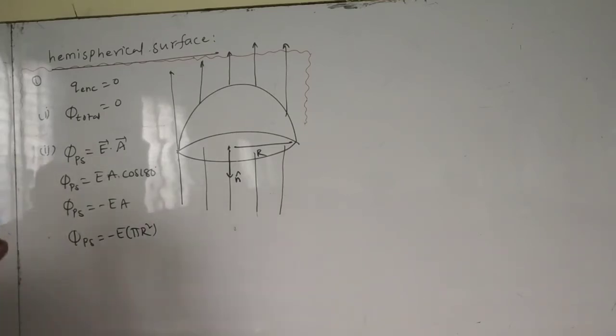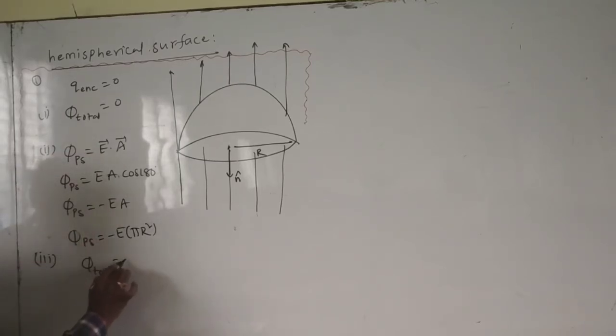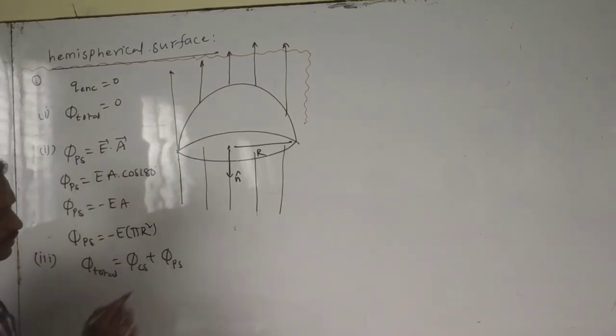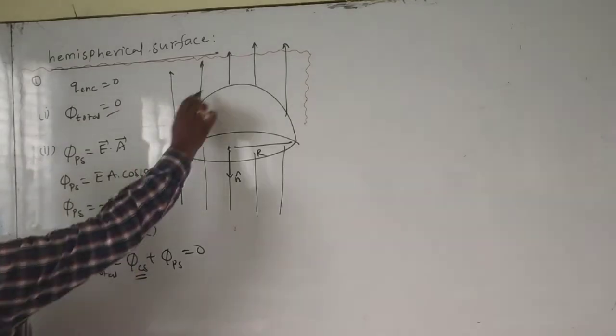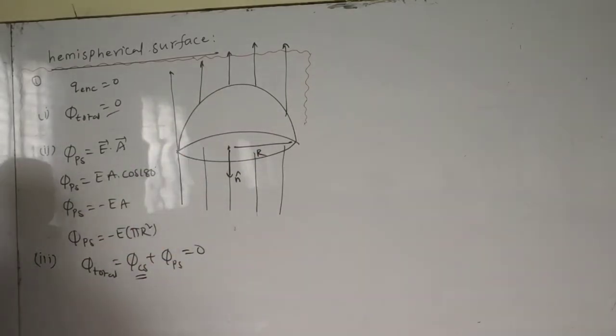Now what about the curved surface? We know that total flux is equal to curved surface flux plus flat surface flux. This is equal to 0, because the total flux is 0. Now we are going to find the flux passing through the curved surface.